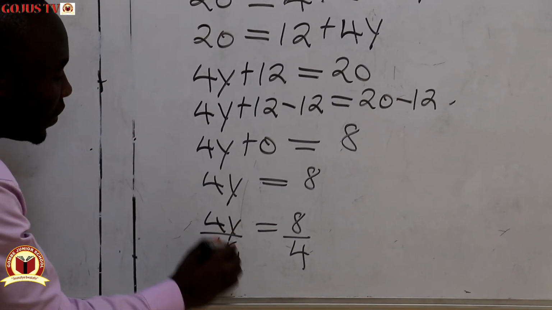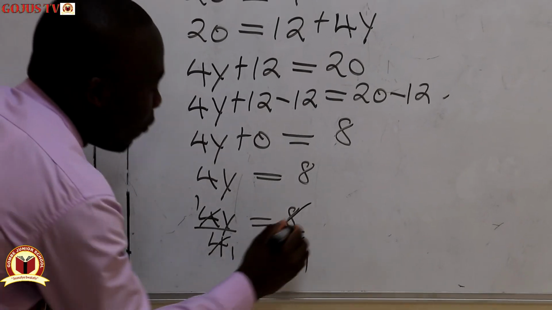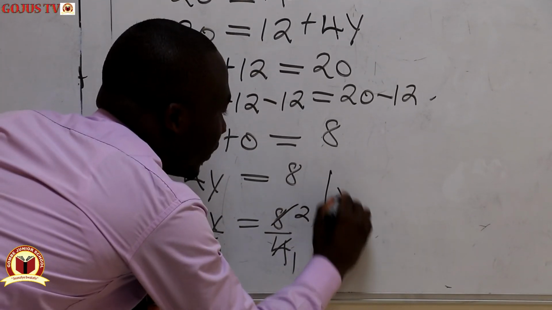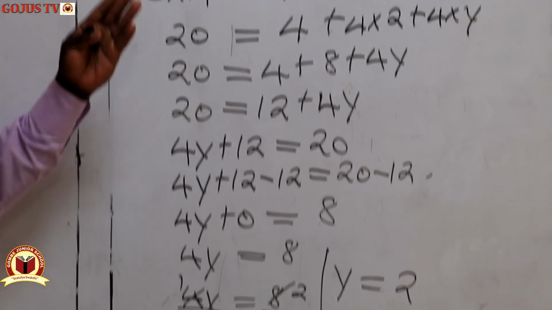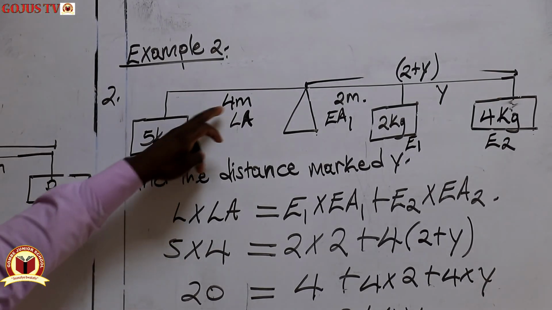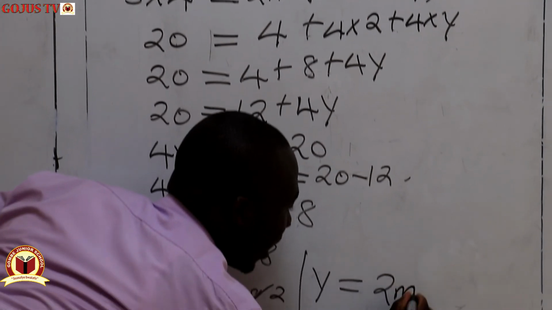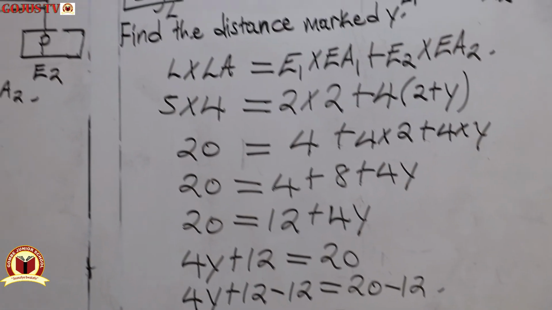So by 4, this is 1, by 4, 1, and then by 4, that will give us 2. So y will be equal to 2. Since we are looking for the distance, and the distance given up here is given in meters, we shall also use meters here, and we say y is equal to 2 meters.